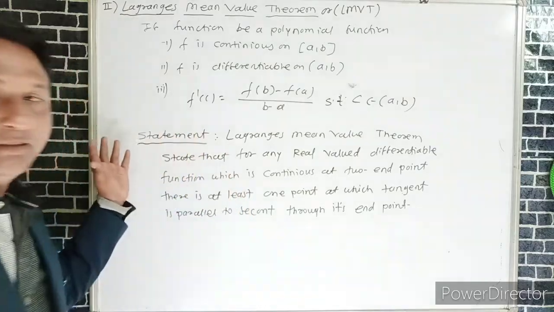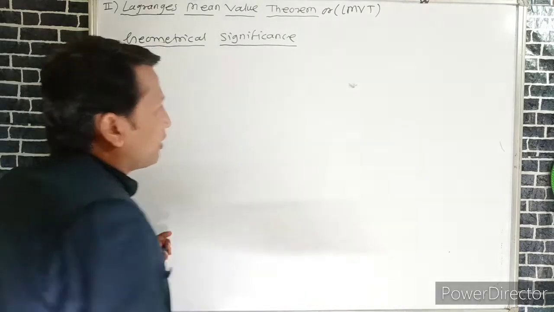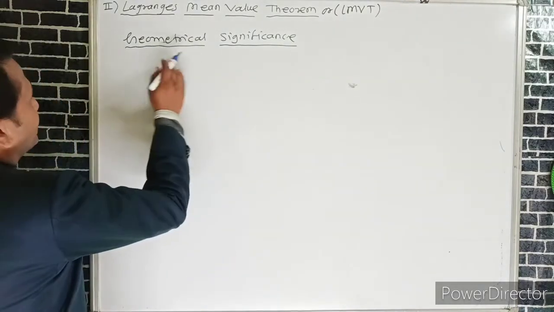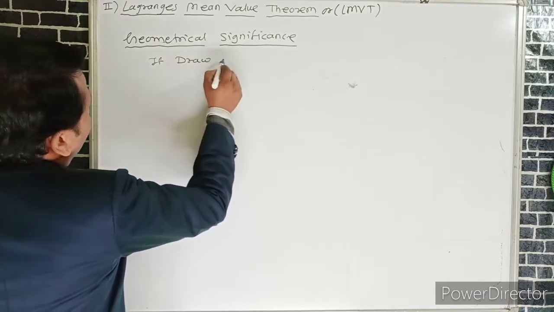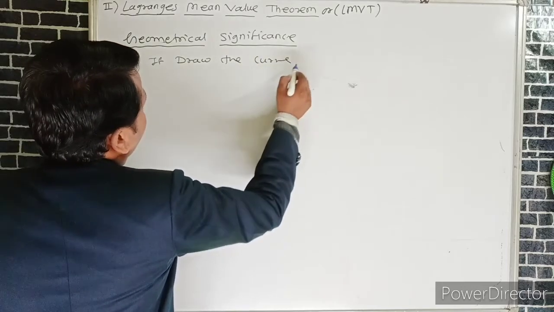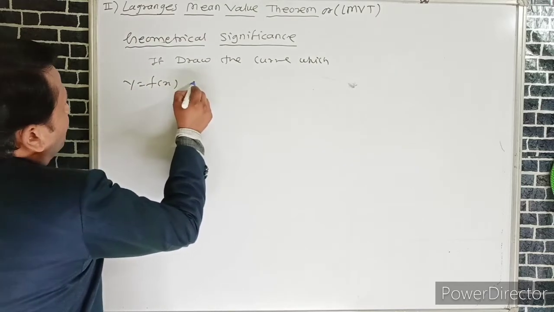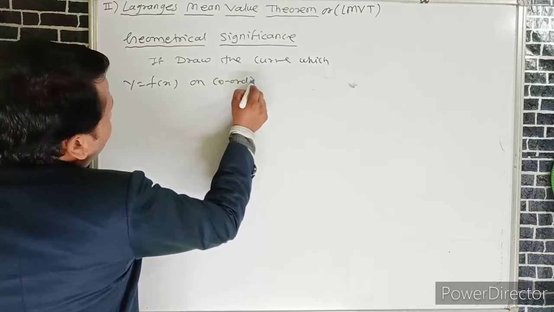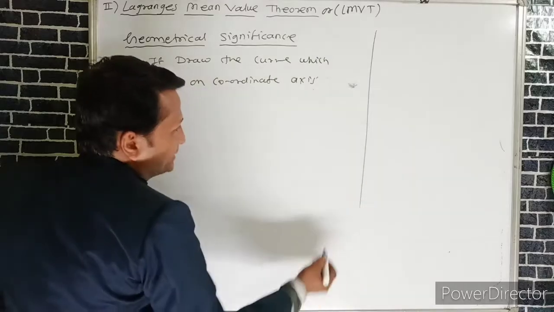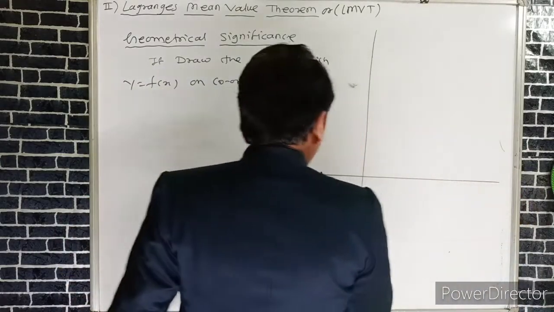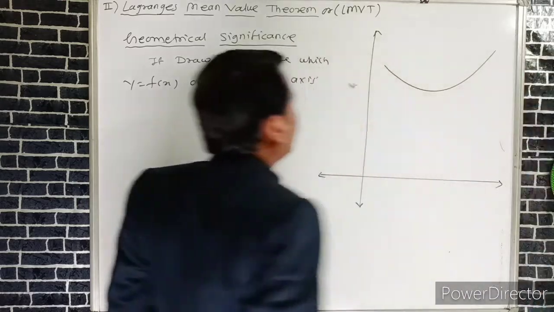So the geometrical significance is: if we draw any curve on a coordinate axis, first we draw the curve y equals f of x. We take the y axis and the x axis, and we take a curve on the coordinate axes which looks like this.